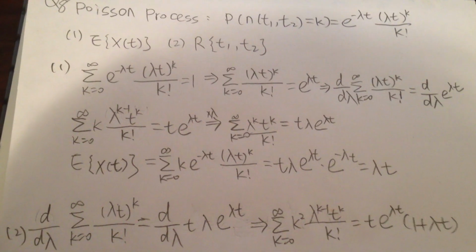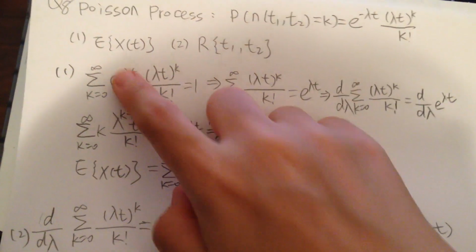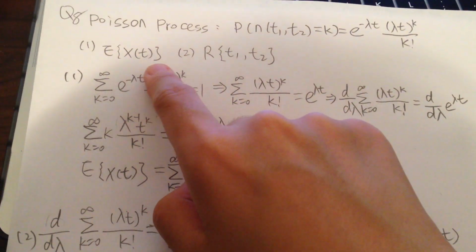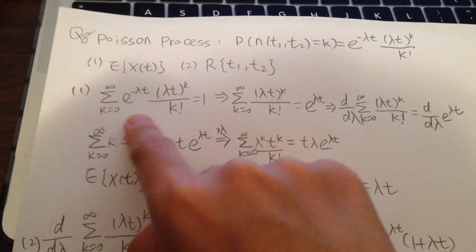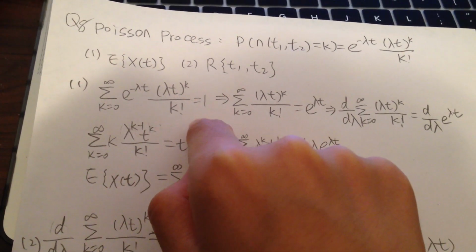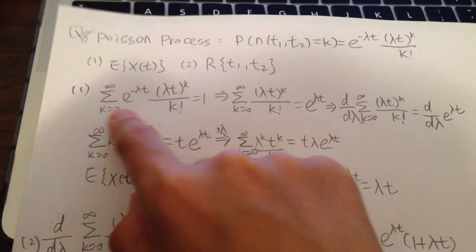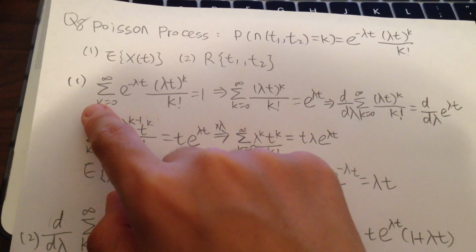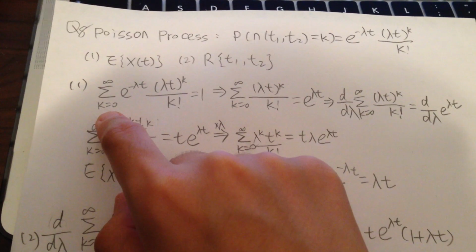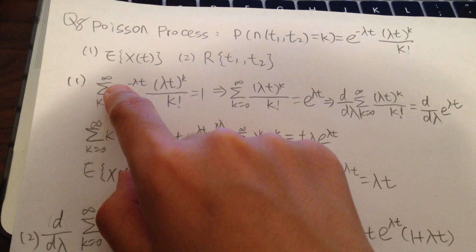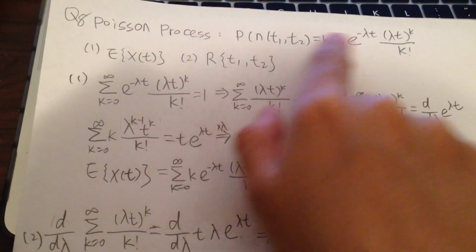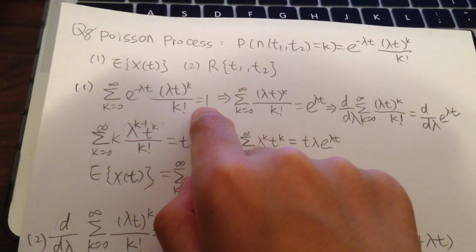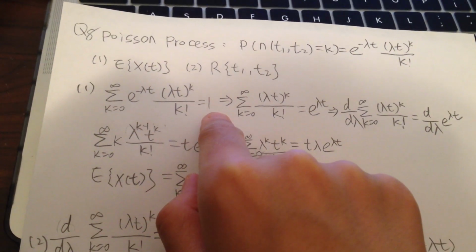In order to solve the expectation of X(t), we should list this formula first. According to the PDF property, we should get the sum from k equals 0 to infinity of the Poisson formula, and the sum should equal 1.